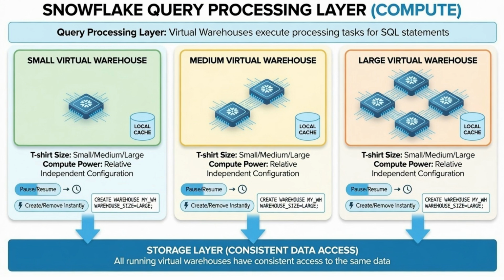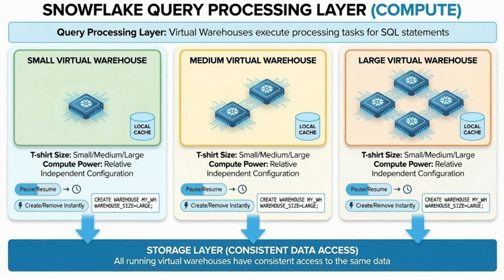One important point is that these warehouses are completely independent of each other. This means you can run ETL jobs on one warehouse and BI queries on another without any performance impact. Virtual warehouses can be started, paused, resumed, or resized instantly. You only pay for compute when the warehouse is running, which helps control cost. Snowflake also allows you to create or remove warehouses on demand, making scaling very simple.